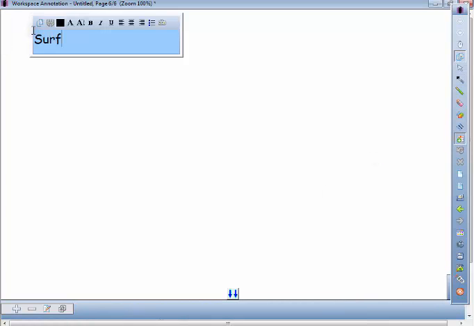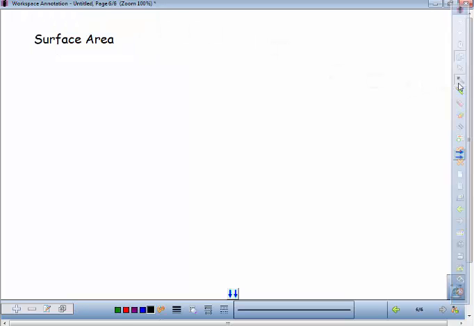Going on a little tangent. So now let's talk about surface area. Again, we can consider this another application, or in the book it's its own section.